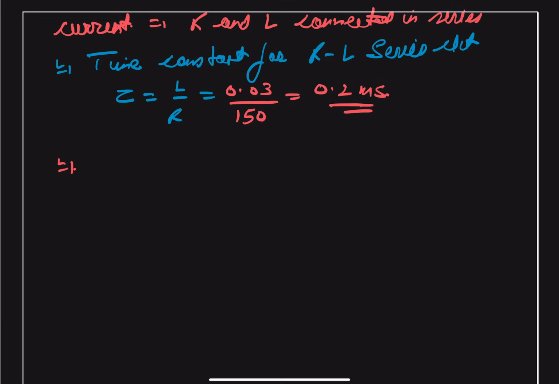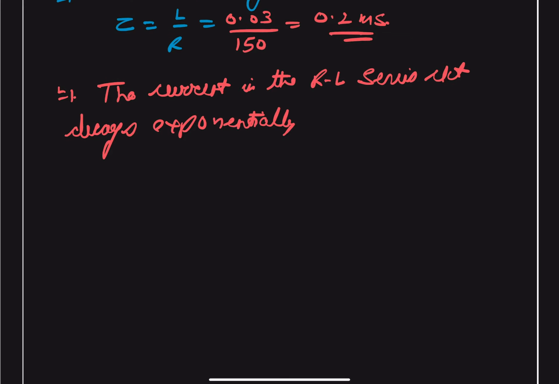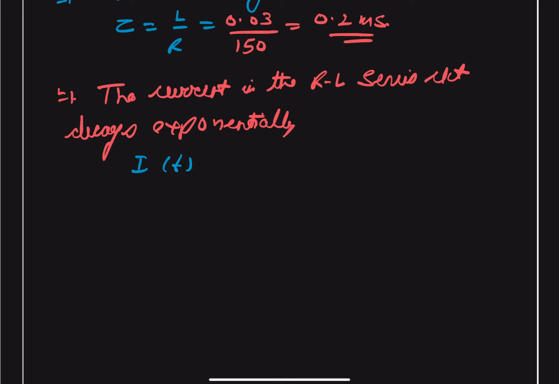So we can say the current in the RL series circuit decays exponentially, which can be given as I of t equal to I initial, let us call that Ii, e raised to the power minus t upon tau, where this Ii is the initial current at t equal to 0.